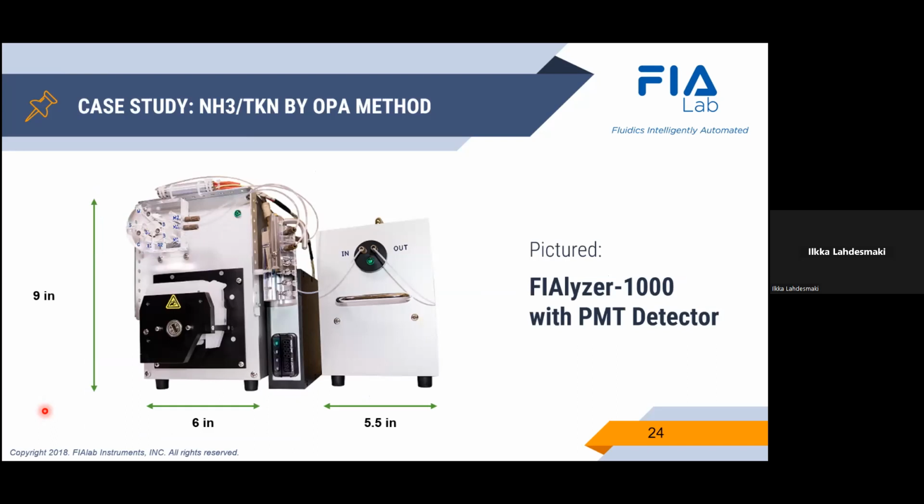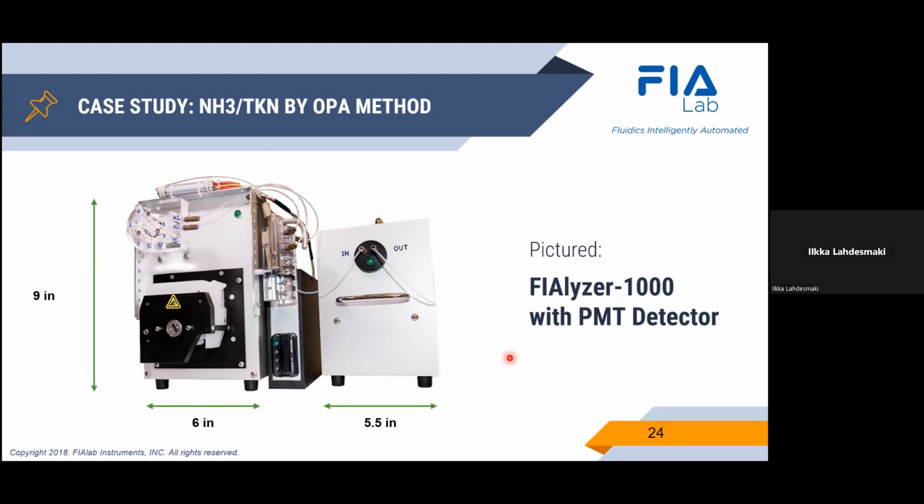By adopting this simplified manifold, we were able to implement the OPA ammonia TKN method on our smallest instrument, the Fertilizer 1000, so that the instrument setup basically just measures more or less 10 inches tall and 10 inches across, give or take.